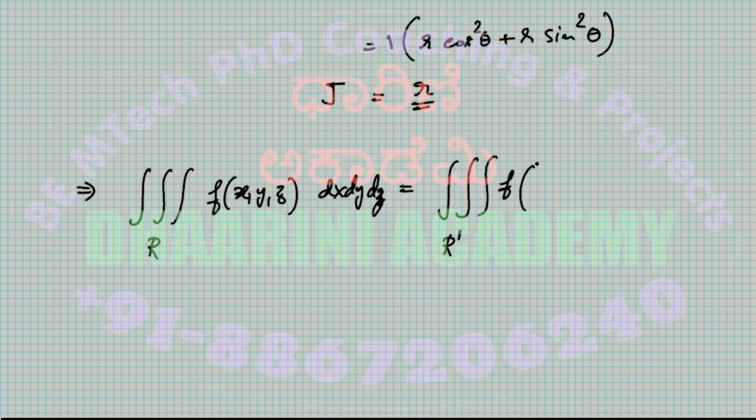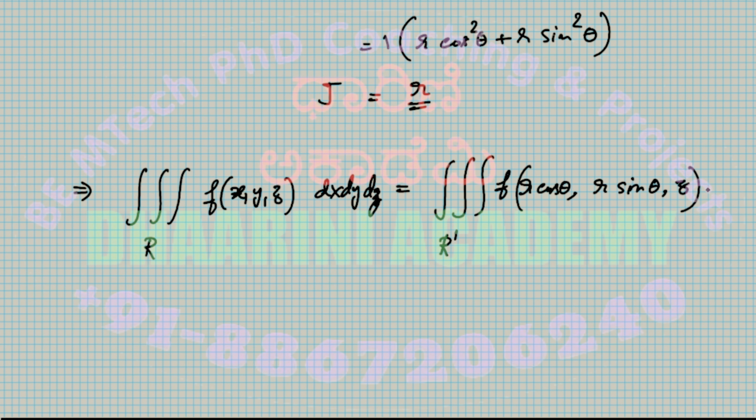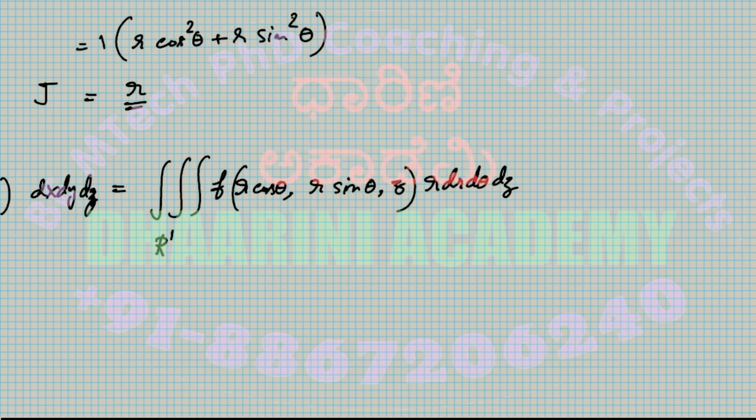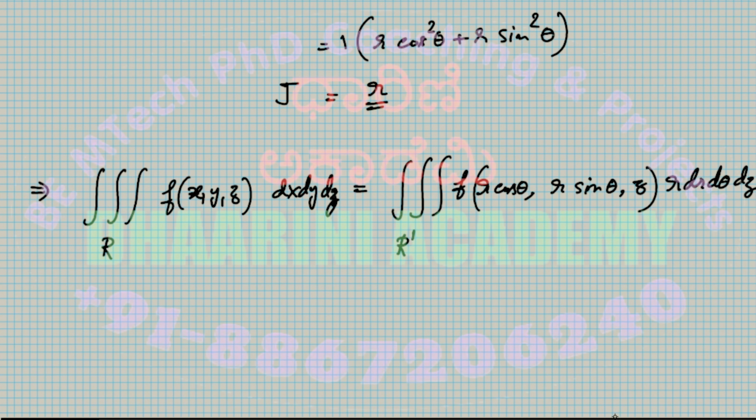Every x has to be replaced as r cos theta, every y has to be replaced as r sin theta, and you retain the z as is. Into the Jacobian, which is r, into dr d theta dz. Are you okay? Let me know if you have any doubt, otherwise we'll proceed.